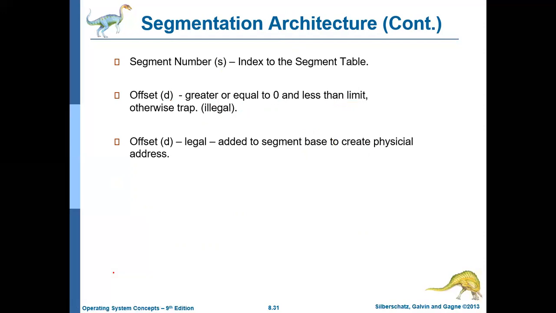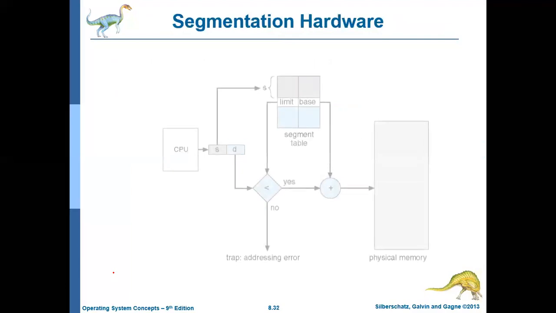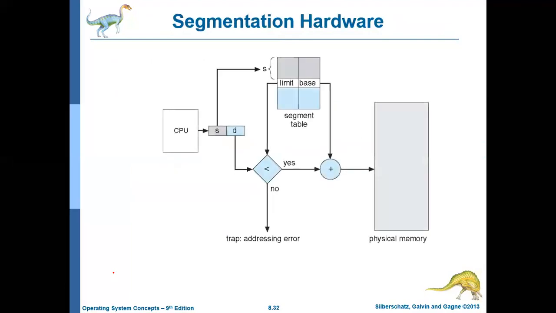This diagram shows how all these things work. As we have already discussed, the CPU will create a logical address, and this logical address contains a segment number and the offset. First, you check whether the offset is within that particular segment's limit value.